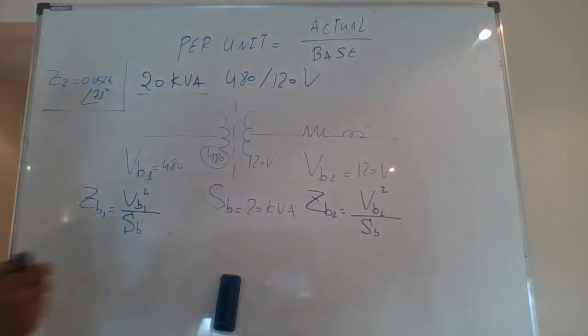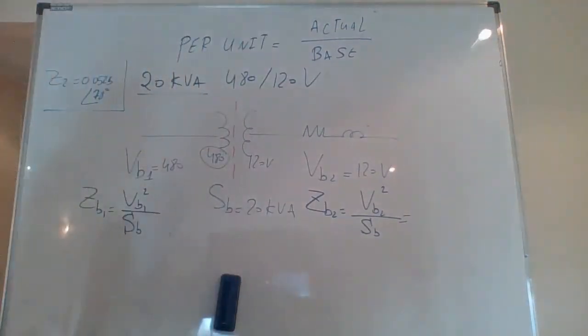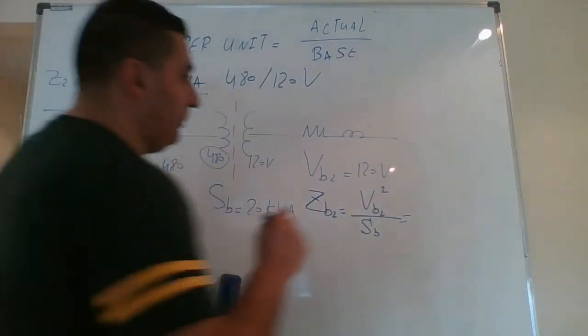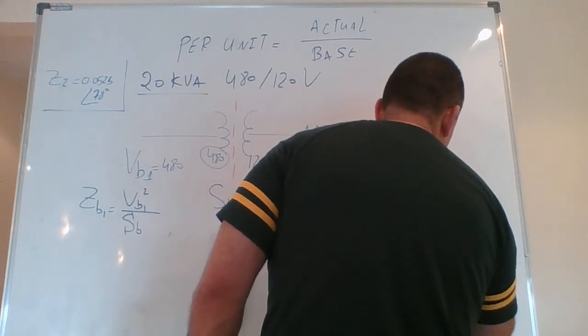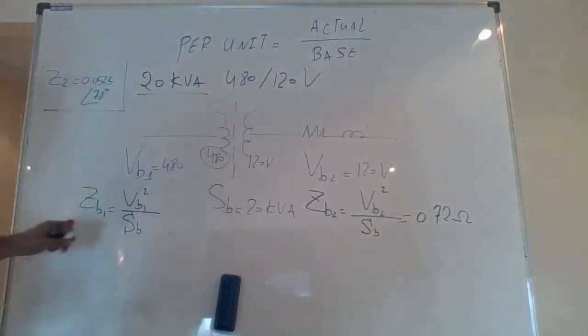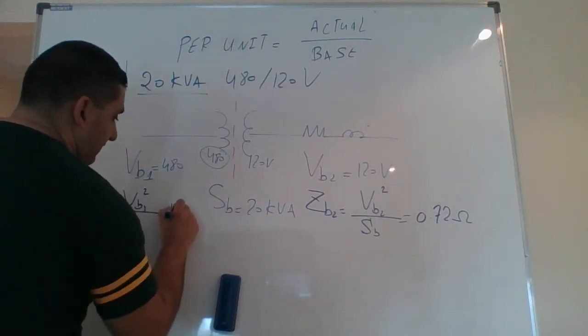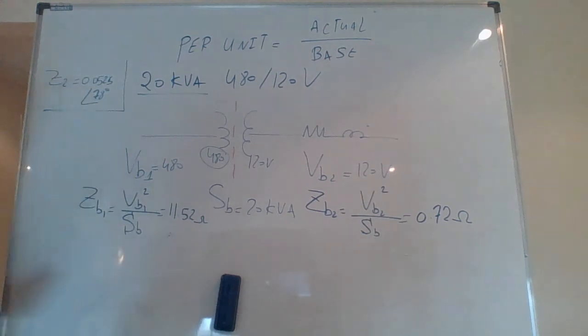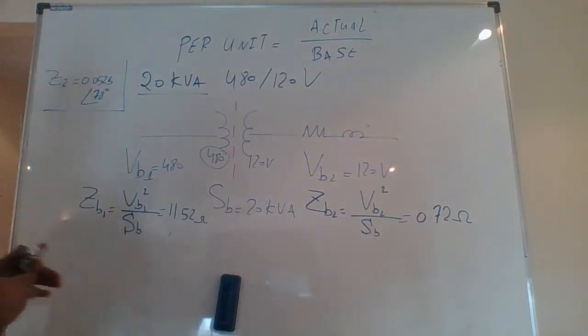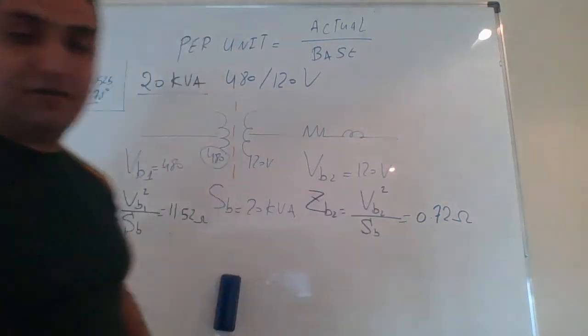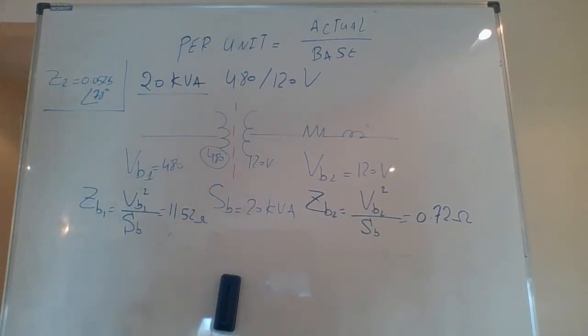So now the answer for Z base 2 will be 0.72 ohm. And for Z base 1, the answer will be 11.52 ohm. All I did is divide 480 squared by 20,000, and 120 squared by 20,000. Is that clear?